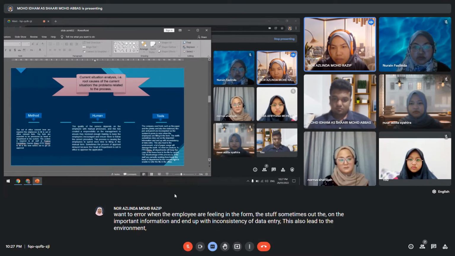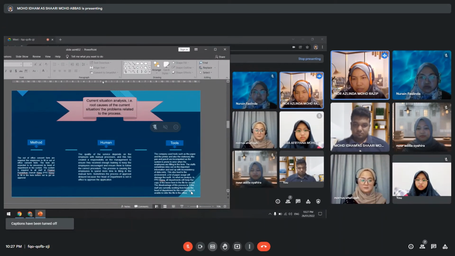A lot of paper use will damage the earth. As we analyzed in PPD Klang, all departments keep a copy of the leave form in a file for record. The disadvantage of the process is that if the staff is working from home, the HOD for the consent form is unable to refer to the file in the office.